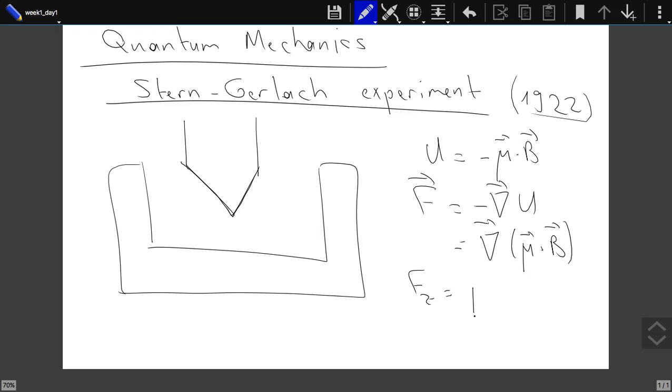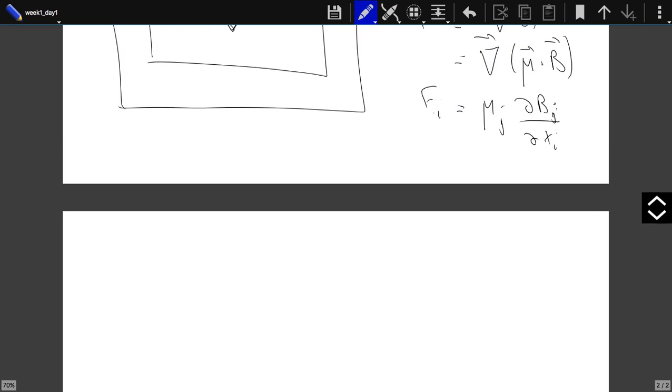Well, if mu is constant, the i component of the force will be F_i = mu_j ∂B_j/∂x_i, or we can also write it as mu_j ∂B_i/∂x_j.